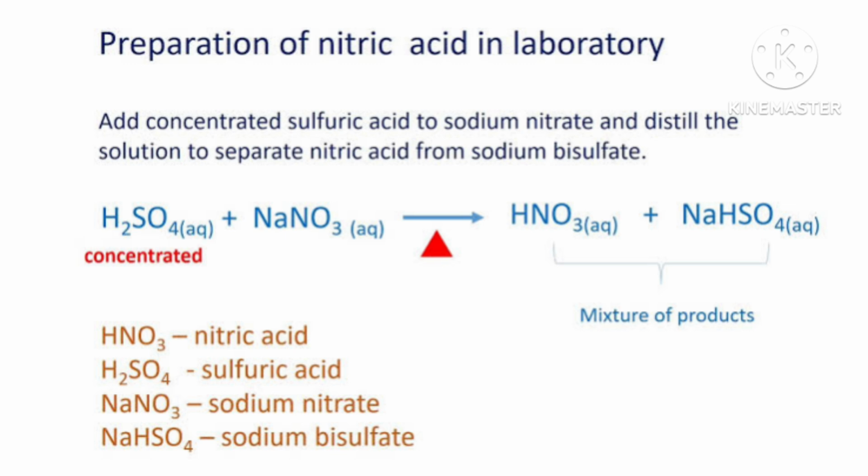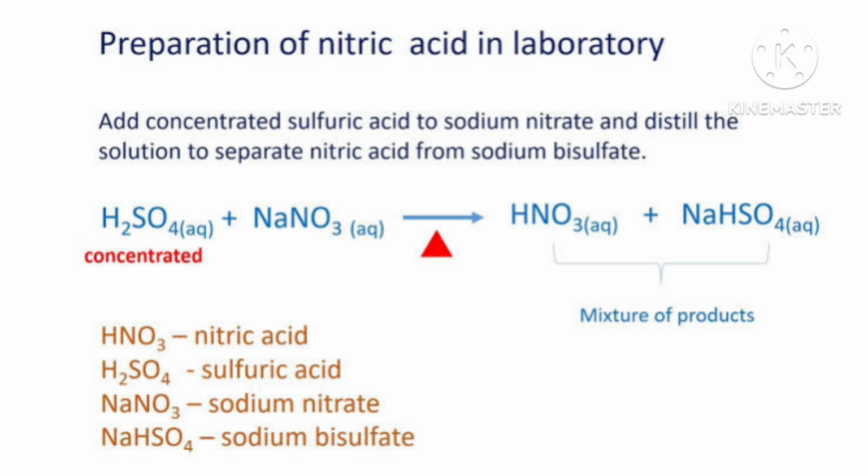For any iodate, calculate and compare with iodine, which is 0. Suppose it is HIO3: H is plus, IO3 is 1 minus, O3 means minus 6.